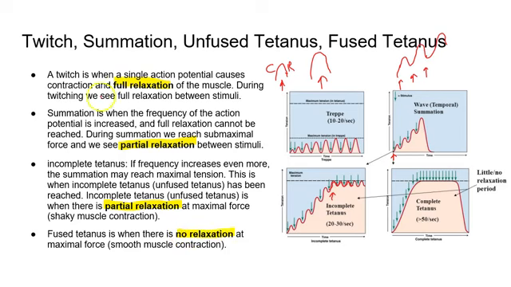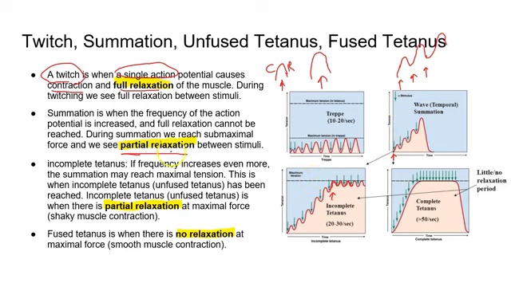So please make sure you know that for a twitch, we have a single stimulus or a single action potential. We are going to see a full contraction and a full relaxation. Then when the stimuli increase, we find contraction, but partial relaxation between these stimuli, and our force does not reach the maximal tension.